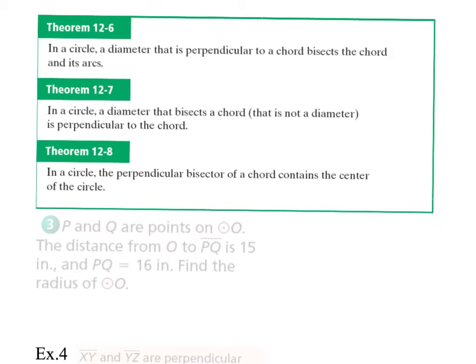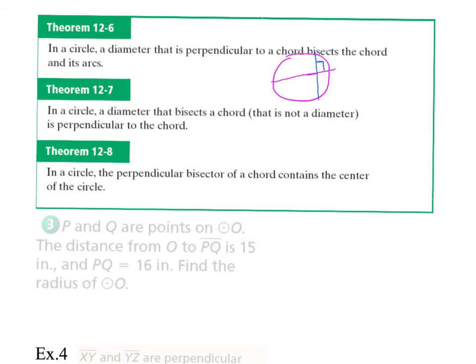So what's going on here is if you have a circle, a diameter that is perpendicular to a chord, so here's a diameter, and if it's perpendicular to a chord, so basically if I had a chord like that, for instance, and of course we need the 90-degree angles to show that it is perpendicular, then we can say, if you have this situation, that the diameter bisects the chord and its arcs.